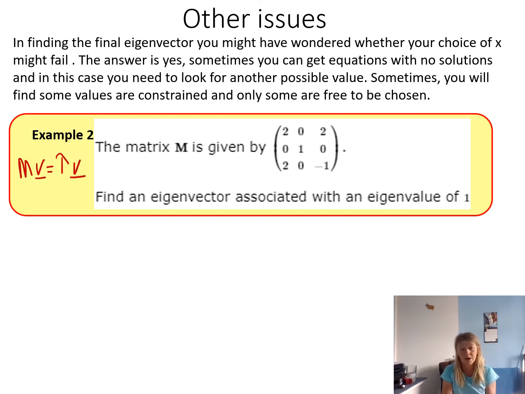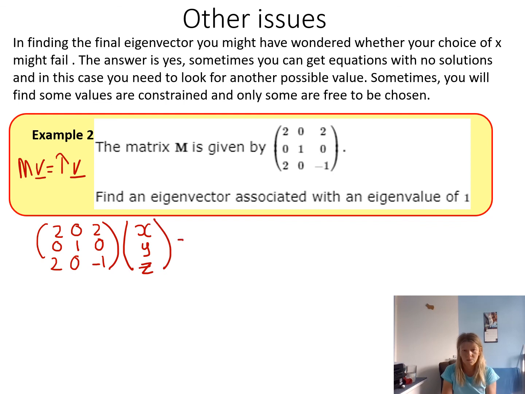So really we're getting Mv equals 1v, because that's what it is, isn't it? v, we don't know what it is, do we? x, y, z equals x, y, z.